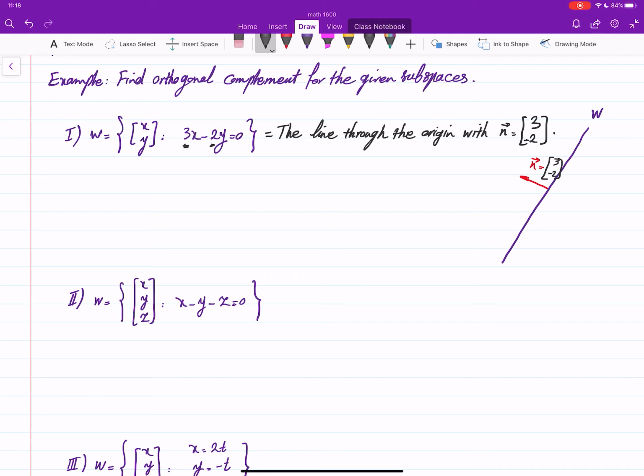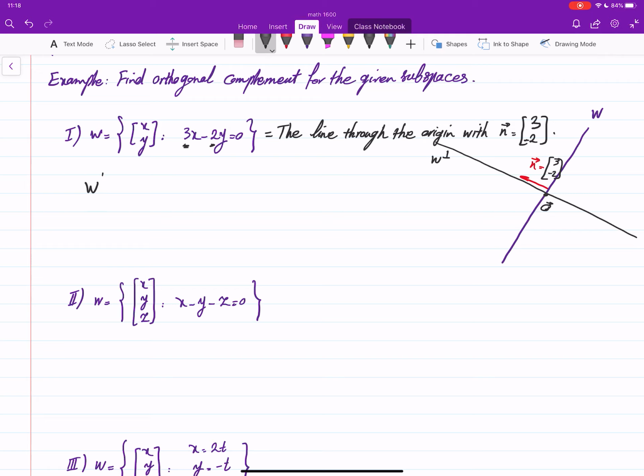Now, you're looking for all the vectors which are perpendicular to this line. If you put all those together, you will notice that this will form a line which passes through the origin. Why? Because the zero vector is always in W perp, and this time the line is going to be parallel to (3, -2).